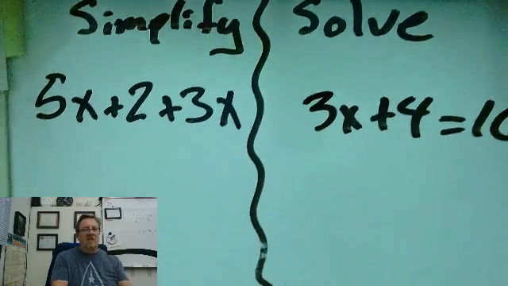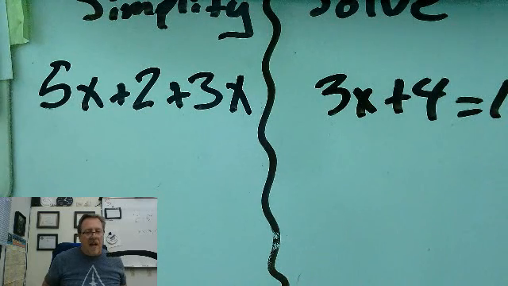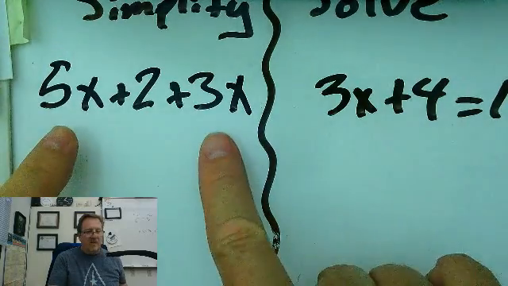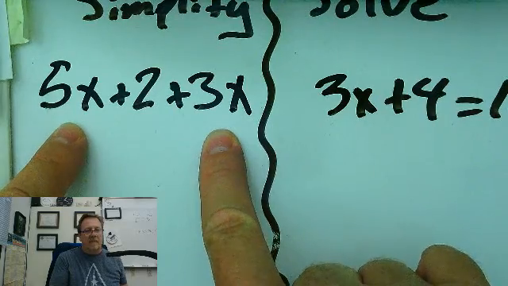So if we were going to simplify an expression like this, we look for terms that have the same variable raised to the same exponent. I'm going to say that again. To simplify, we combine like terms. Like terms are terms that have the same variable raised to the same exponent.